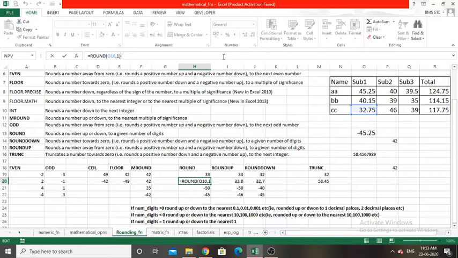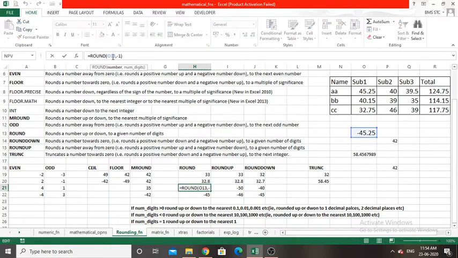If the decimal part is greater than or equal to 5, we round it up, else it remains the same, right? So this is what happened here also. Since the number was 32.75 and here 5 is equal to or greater than 5, the rule is to round up the previous number. So it comes 32.8.